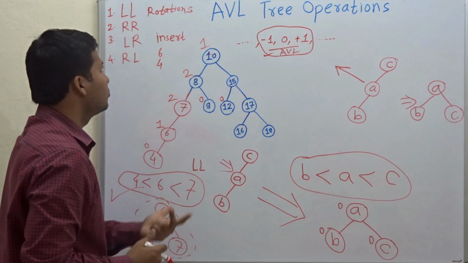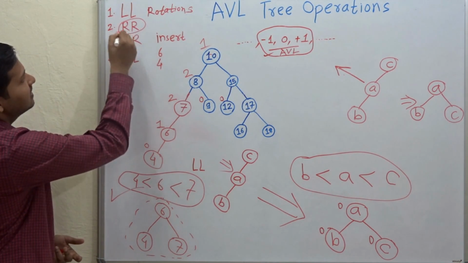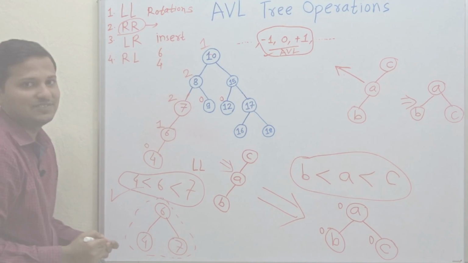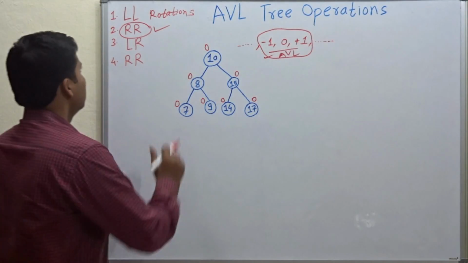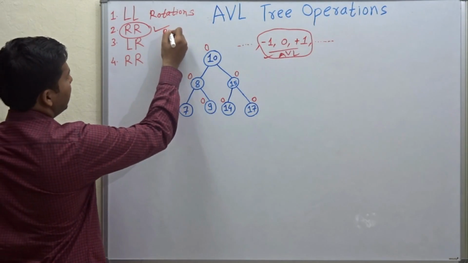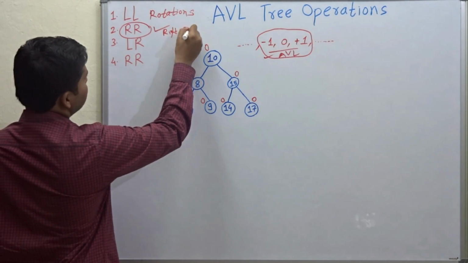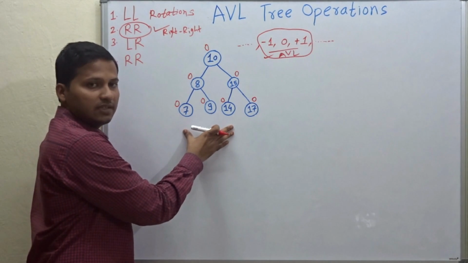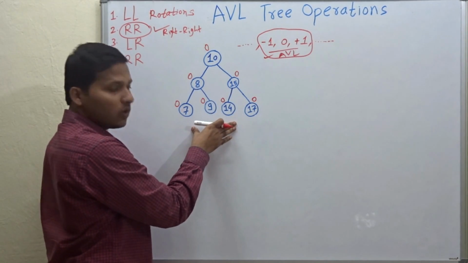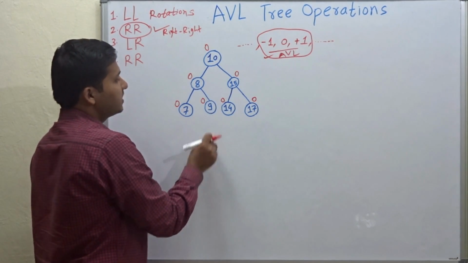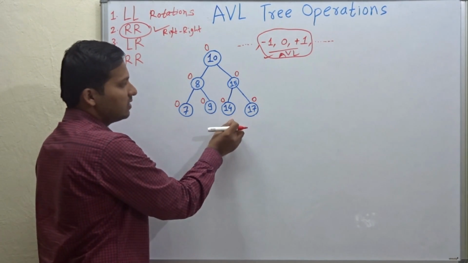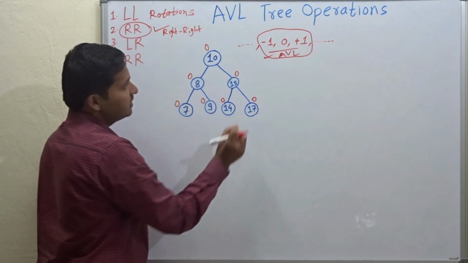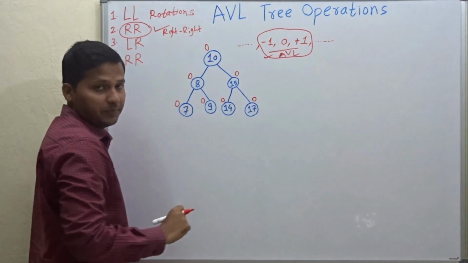So now let's go to the next rotation, that is RR rotation. The RR rotation, that is the right imbalance. Now this is the binary search tree and this is also an AVL tree because each node of this binary search tree satisfies the condition of AVL tree.